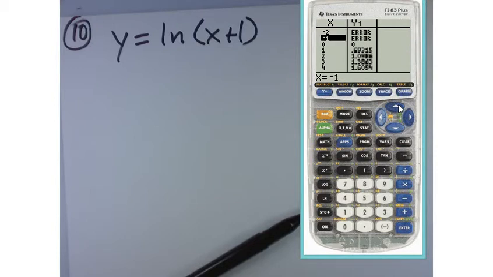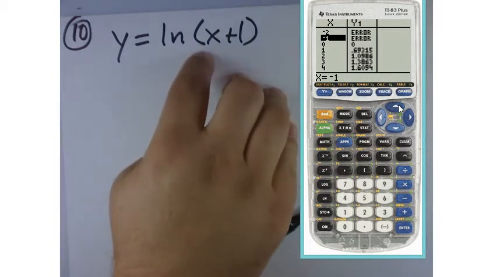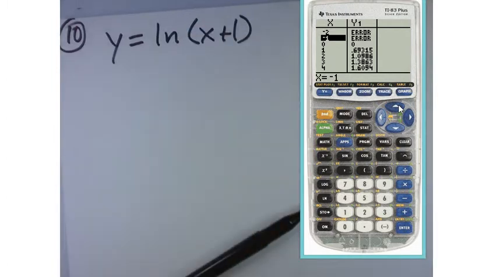Uh-oh, at negative 1 I have a problem. I could zoom in closer, both in the table of values and on the graph, to figure out where the problem is. But Mr. Adams remembers that you can't take the natural log of 0, right? You can't do it. And so when x equals negative 1, the stuff inside the parentheses is 0.